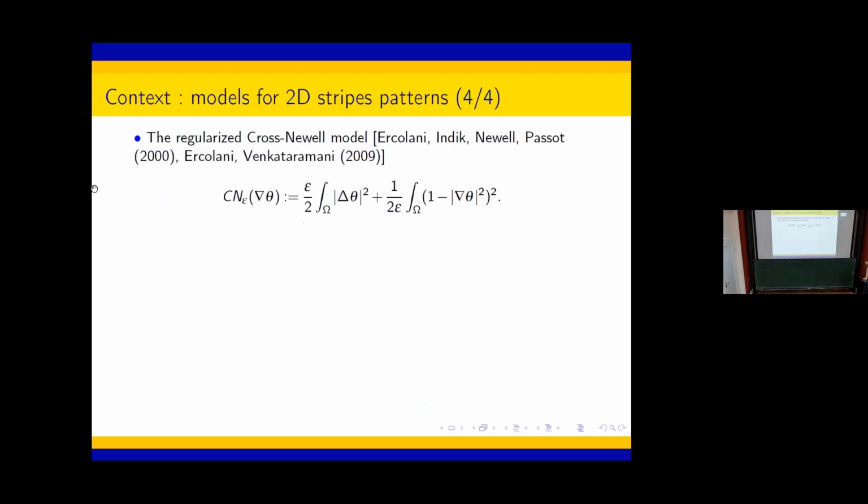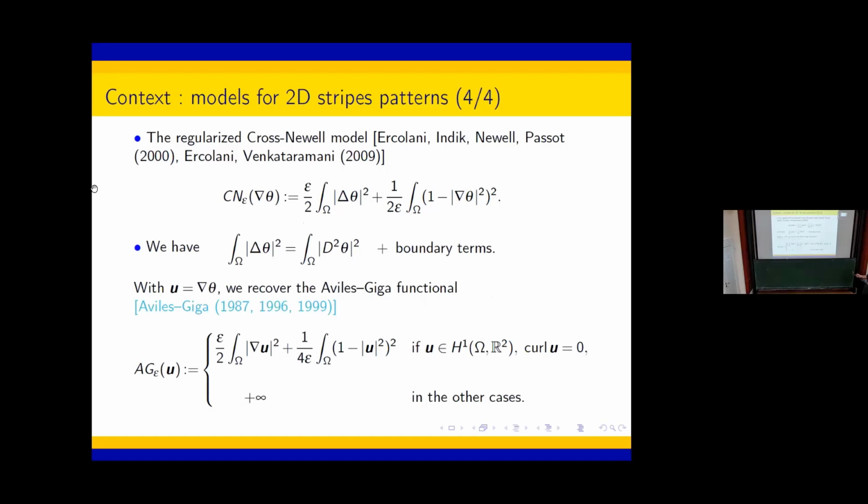So the physicists, this is one big group of physicists, propose the Cross-Newell model, which is this one, a function of theta. They want to consider this energy, so the flow tends to optimize this energy. If you recognize that this Laplacian of theta squared integral is just the integral of the second order, the Hessian matrix, plus boundary terms, and I'm not interested in the boundary condition, then I just obtain the Aviles-Giga functional.